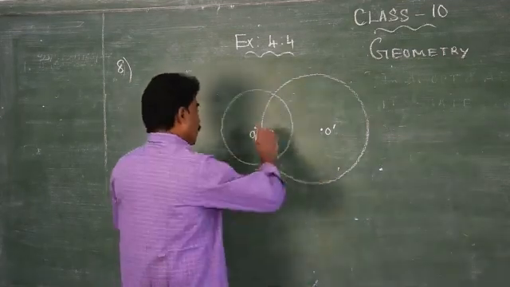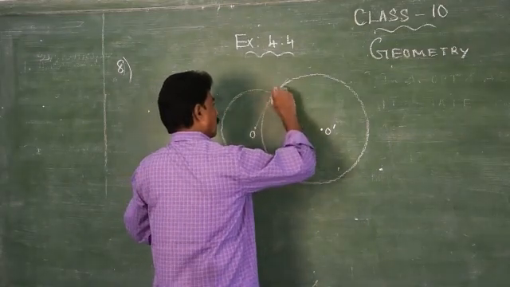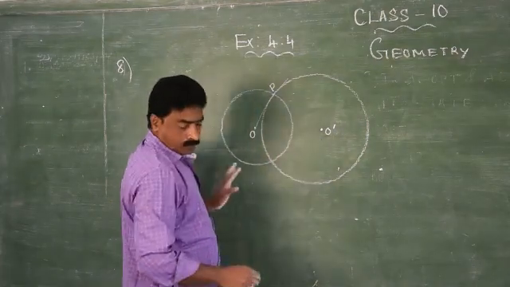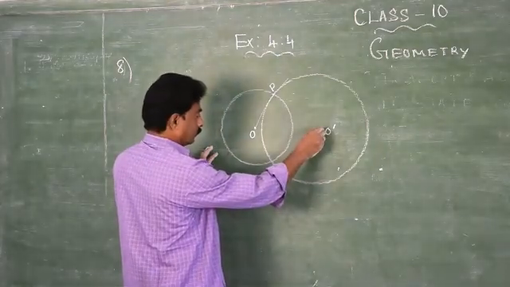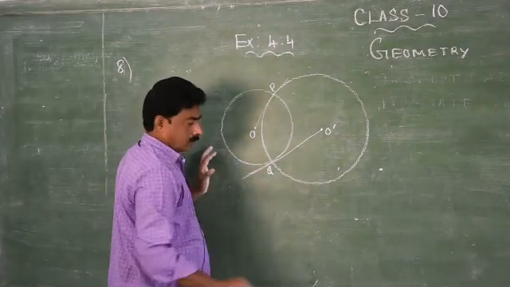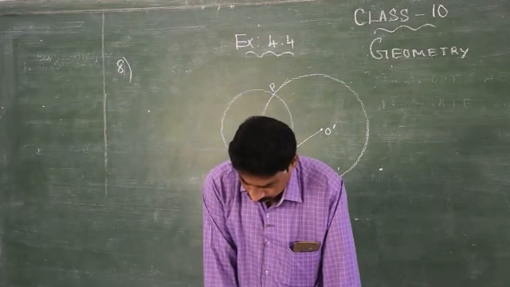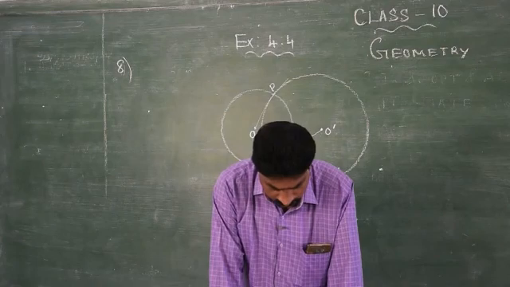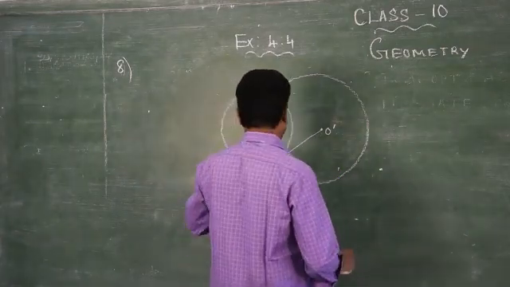So OP and O dash P are the two tangents.